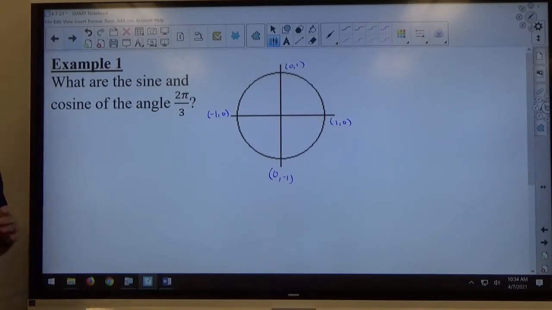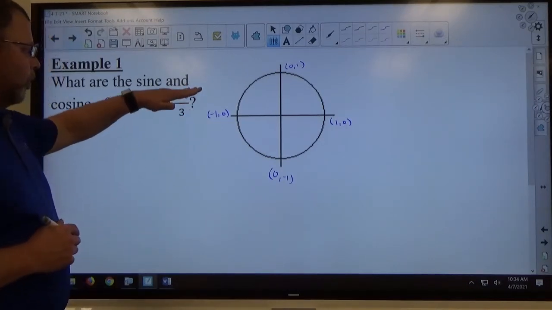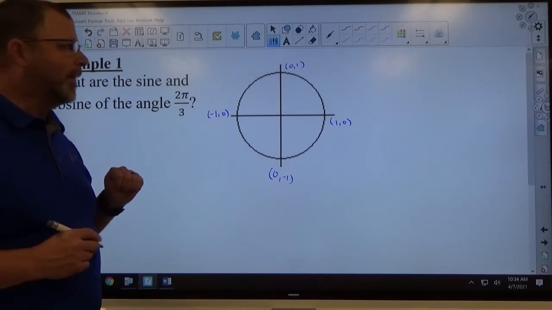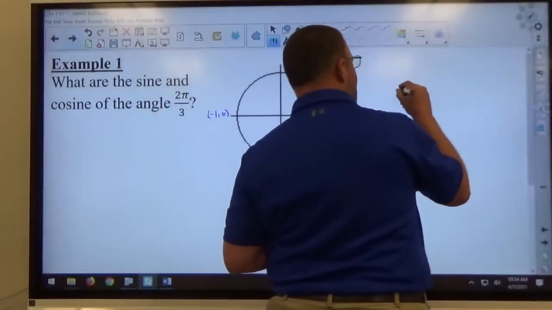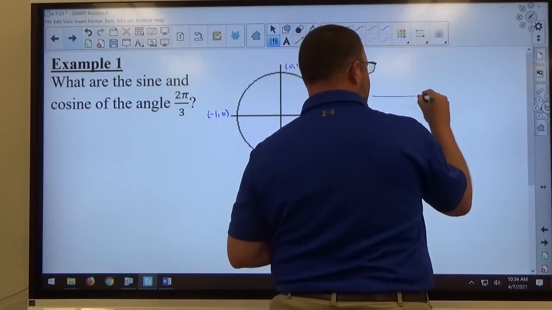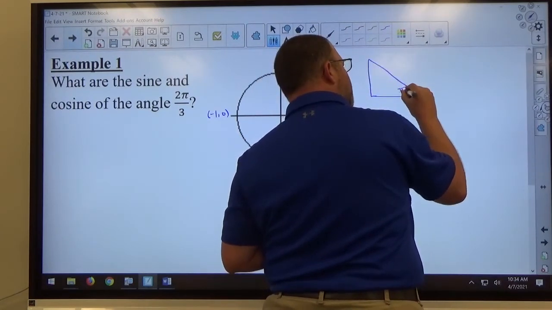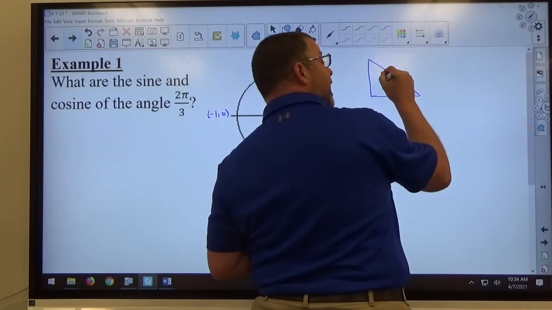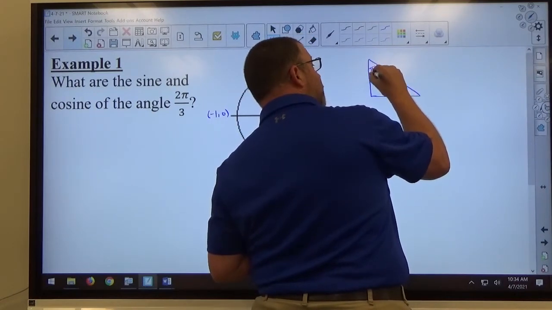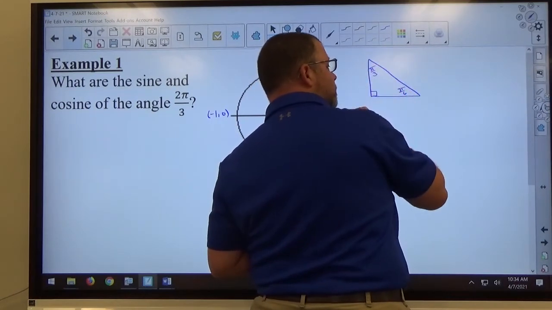All right? So if I'm in radian world, my reference triangle looks like this. I've either got a 30-degree angle, which is pi over 6, a 60-degree angle, which is pi over 3, and a right angle.